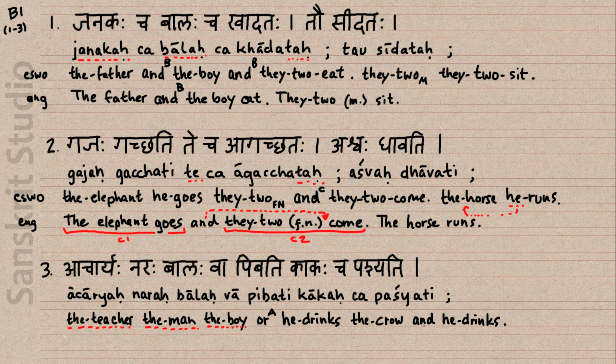But that one is not A or B. It's a clause syntax. So we have to write a C there. And we'll see that once more when we get to the English line.